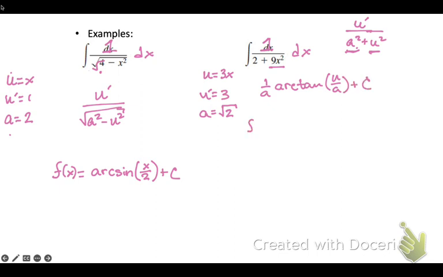Okay, so f of x equals 1 over the square root of 2 arctangent 3x over the square root of 2, and we are not leaving any of that like that. It's gross. So we got square root of 2 over 2.